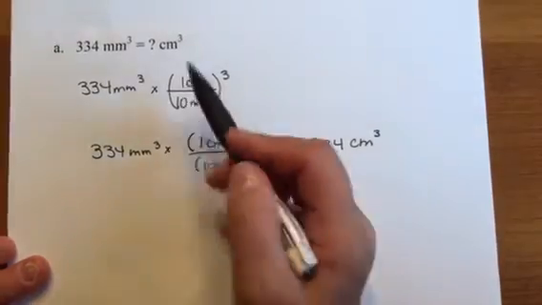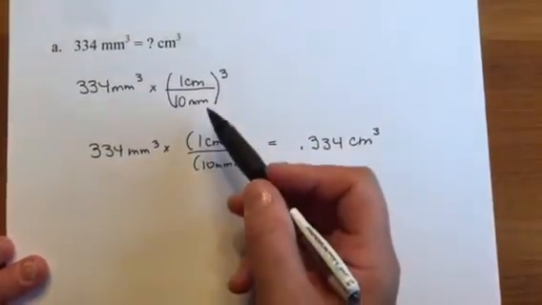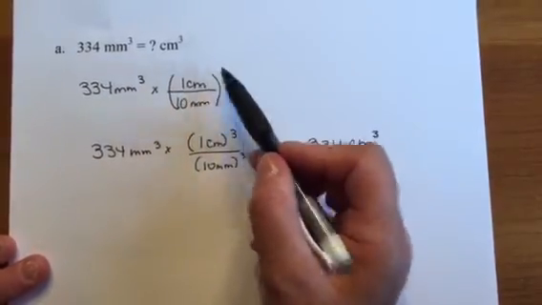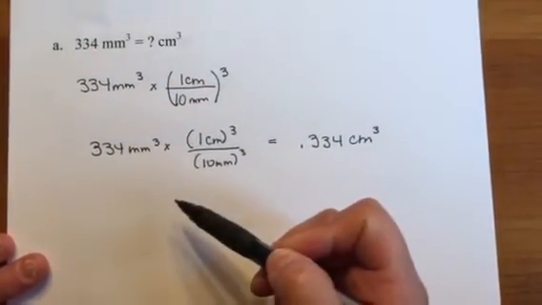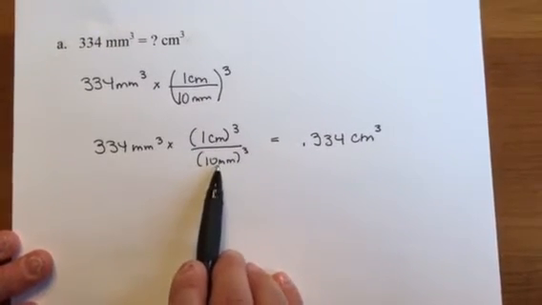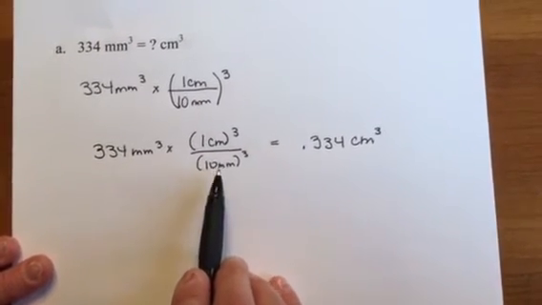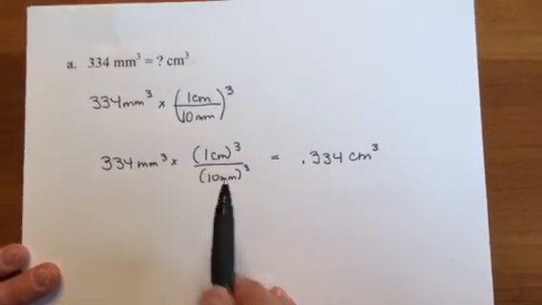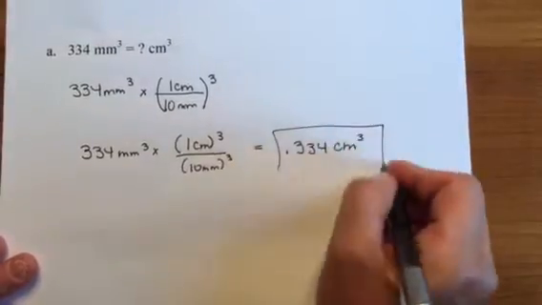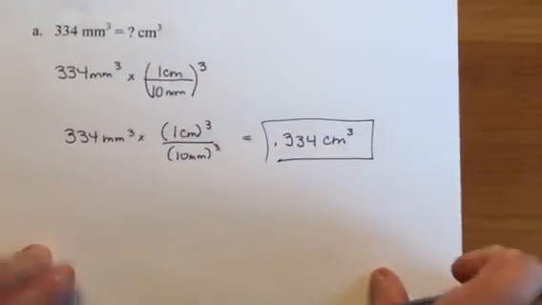So in order to convert cubically, we have to cube both the top and the bottom. When you cube the bottom, you're dividing by 1,000 versus just 10, because it's the length times the width times the height. So that's the answer for the first one. Let's look at another example.